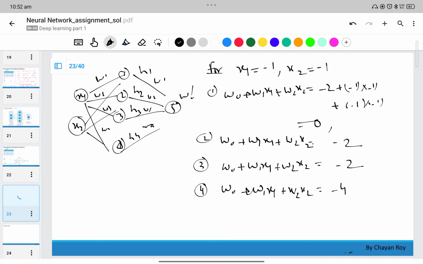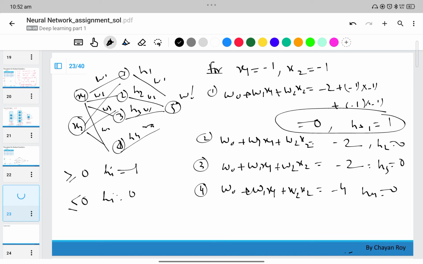We defined that if the sum is greater than 0, the output is 1. If the sum is less than 0, the output is 0. So here we will get 1, 0, 0, 0. So we are getting an output of 1 for neuron number 1 for this -1 case.